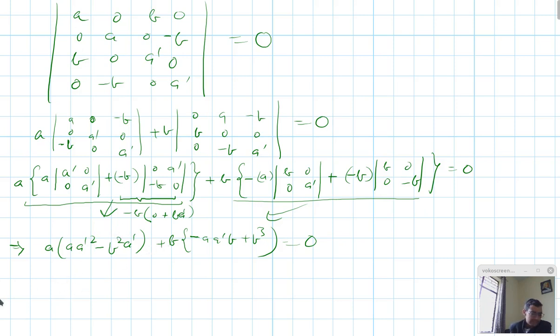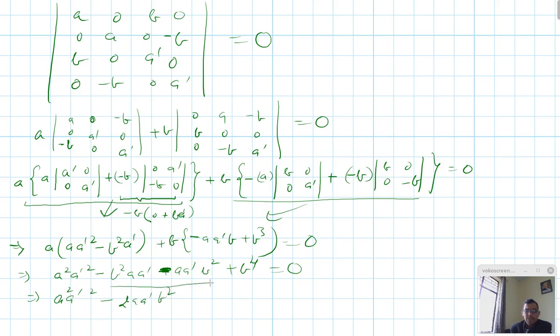Then let me do a little more algebra here. A prime square minus B square A prime plus A prime, sorry, it is minus, not plus, but because plus minus will become minus, so it is B square plus B4, is equal to 0, which implies A prime square minus twice of A prime B square, putting these two together, plus B4 is equal to 0.